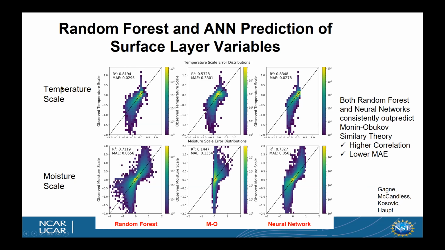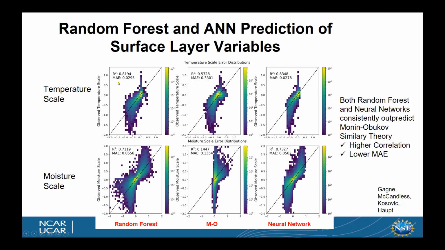We're looking here at temperature scale, the upper set of plots, and moisture scale, the bottom set of plots. In each case, we're plotting the scale as derived versus the observed. Obviously we want it to be closest to the 1:1 line, but it's most telling to look at the R squared, which we want to be close to 1, and the MAE, which we want to decrease.